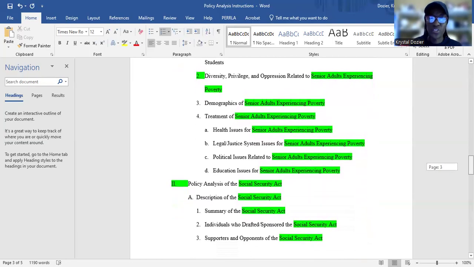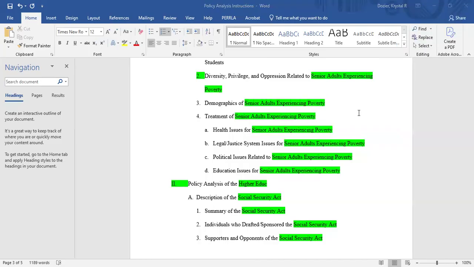Now we're going to go to part two. Social Security Act, that's not what I'm doing. So mine is, you see where I changed it to higher education.